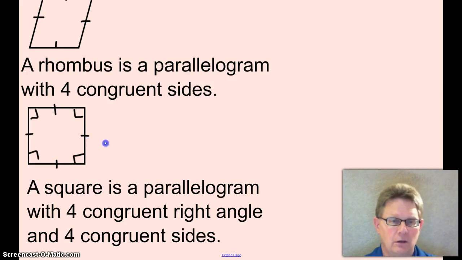A square is both a rectangle and a rhombus. In fact, some books might even define a square as a parallelogram that's both a rectangle and a rhombus. Go figure. Now some really cool properties happen with these 3.